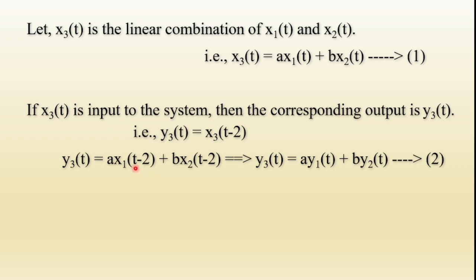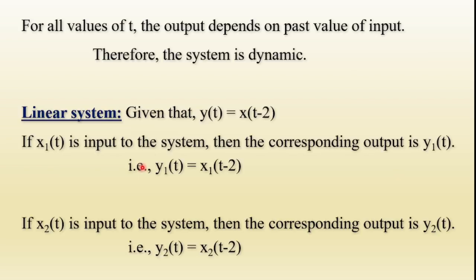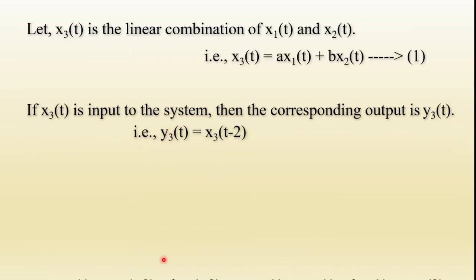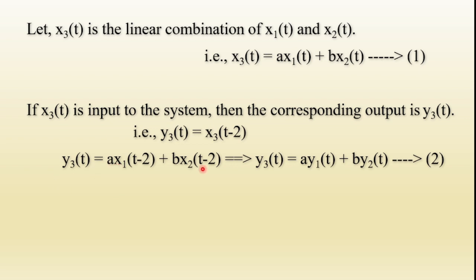But x1 of t minus 2 is y1 of t and x2 of t minus 2 is y2 of t. So therefore a y1 of t plus b y2 of t, and this is considered as equation 2.